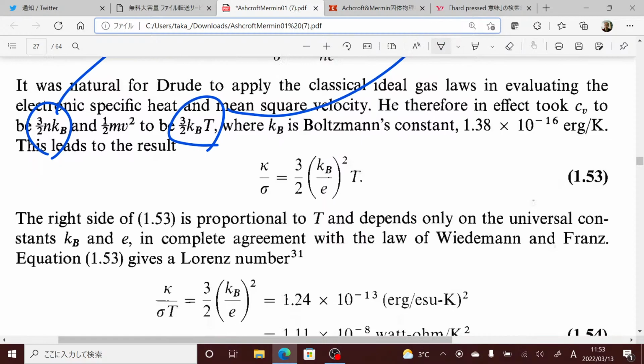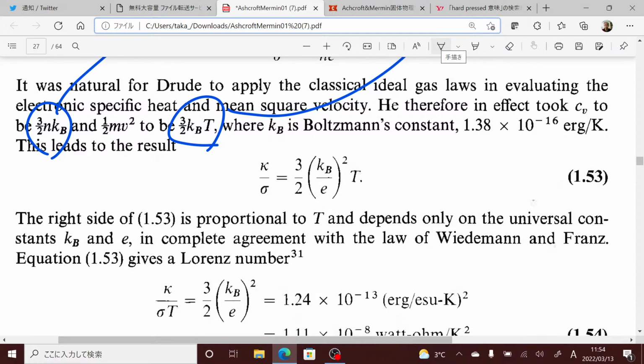The right side of 1.53 is proportional to T and depends only on the universal constants k_B and e, in complete agreement with the law of Wiedemann and Franz.